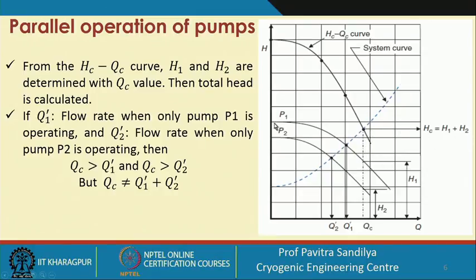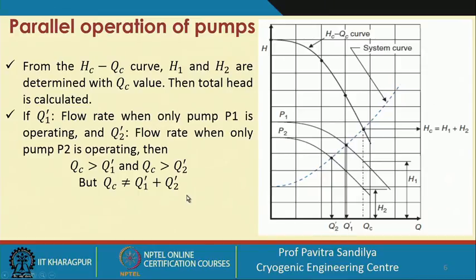On the other hand, if I look at the standalone HQ curves of pump 1 and pump 2, and locate where these intersect the system head, this is the Q1 prime and Q2 prime. We find that QC is more than either Q1 prime or Q2 prime, but QC will also be more than the summation of Q1 prime and Q2 prime.